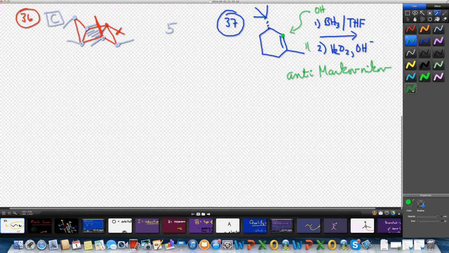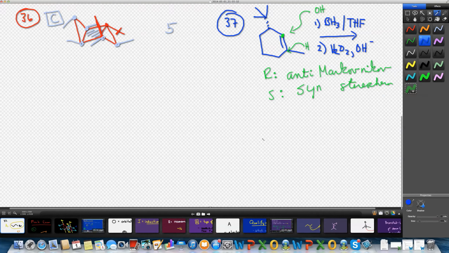The H is going to go to this position right here. And they will add syn stereochemically. So here's the regiochemistry, it's anti-Markovnikov. Here's the stereochemistry, it's syn addition.